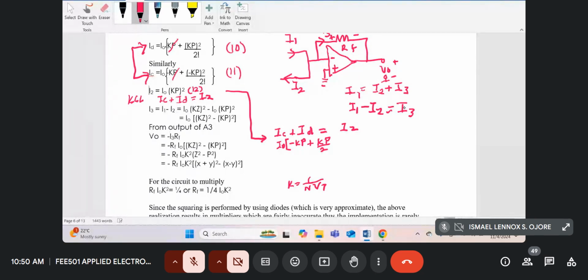I'll just use the term, use positive now. Okay, maybe some people might be lost. So let me just go in steps. So minus Kp over 2 all squared plus ID. ID is equation 10. ID is I naught into brackets Kp plus Kp squared all over 2.